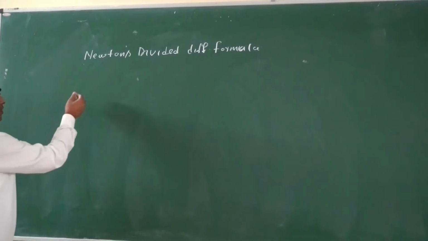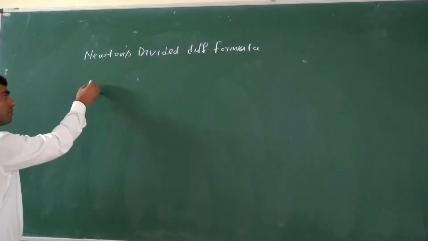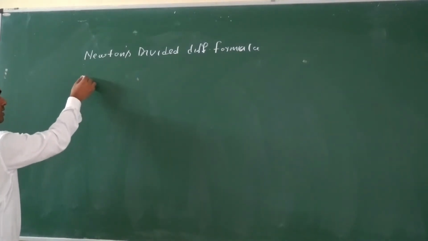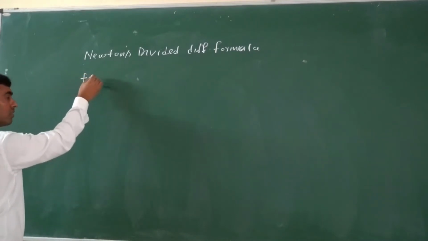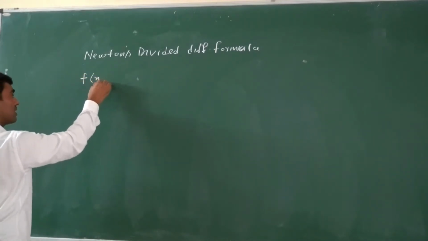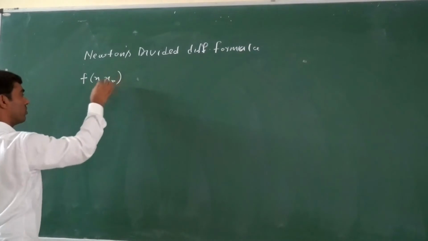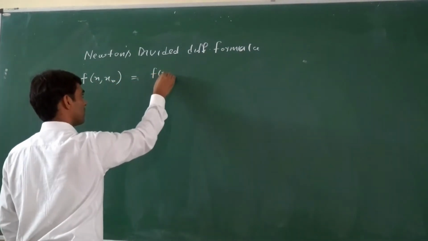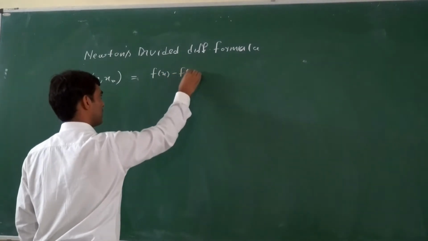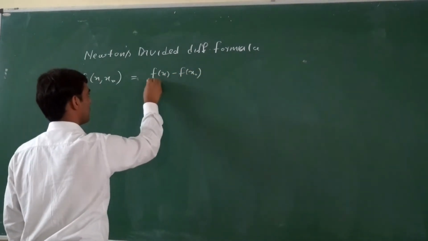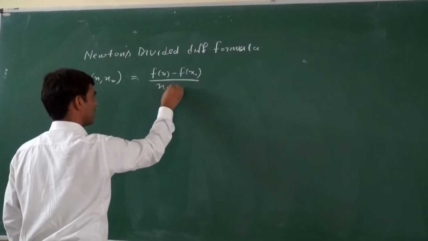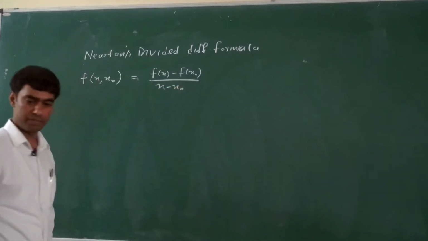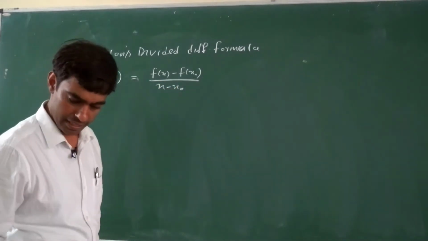We know that by the definition of a divided difference, f of x, x0 is f of x minus f of x0 divided by x minus x0.